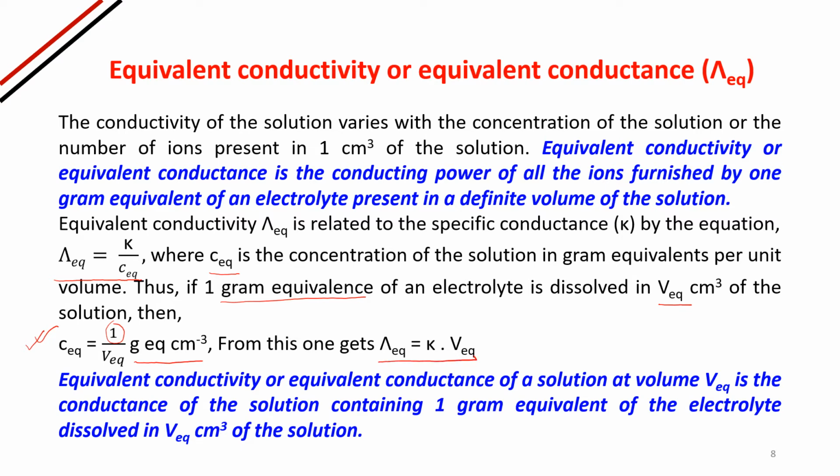We have seen this. So, equivalent conductivity or equivalent conductance, this is the definition. Equivalent conductivity or equivalent conductance of a solution at volume V equivalence is the conductance of the solution containing 1 gram equivalent of the electrolyte dissolved in V equivalent centimeter cube of the solution.